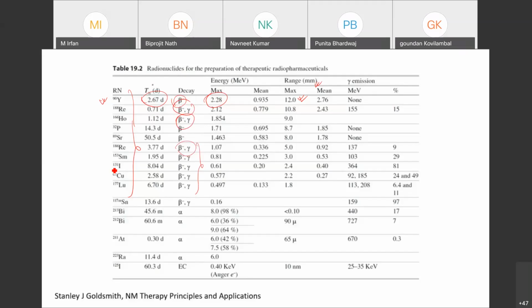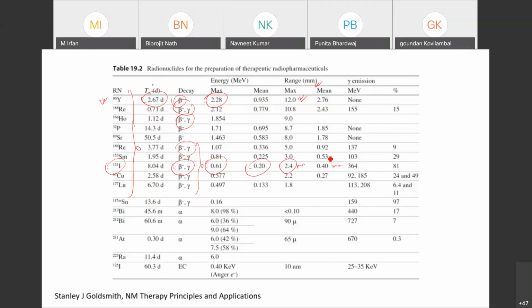I guess iodine-131 is the most prominent example of it. We can use iodine for therapy and also for post therapy imaging. The maximum energy of iodine-131 is about 0.61 MeV, with a mean energy of 0.20 MeV. And its beta particles have a range of about 2.4 millimeters and a mean range of 0.40 millimeter.